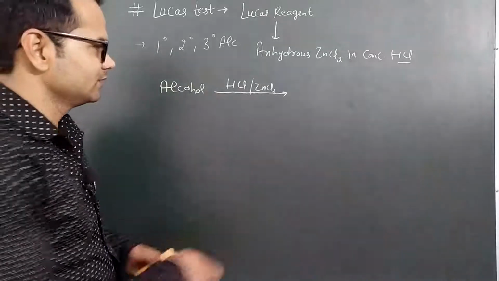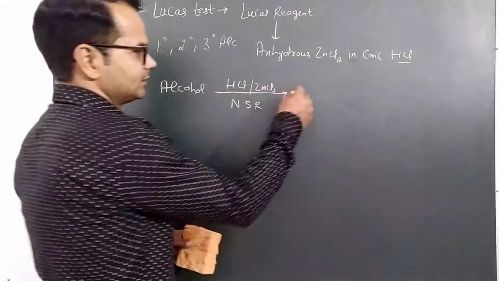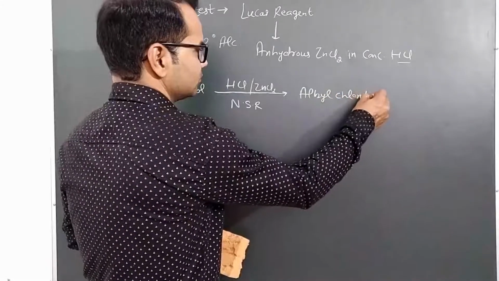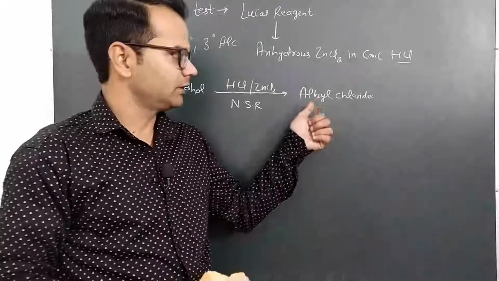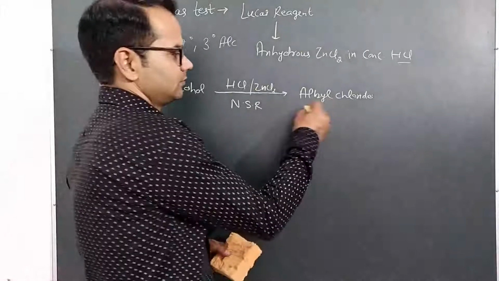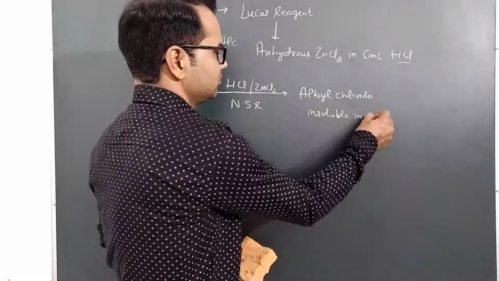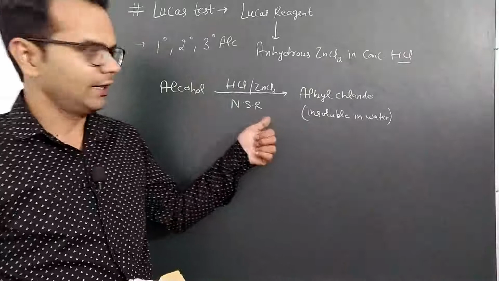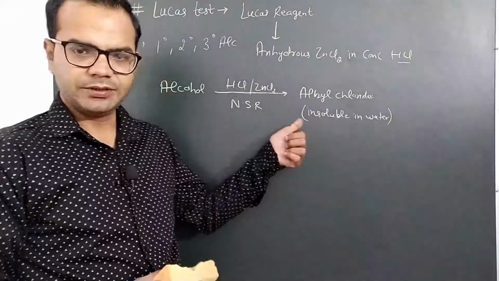Actually this reaction is a nucleophilic substitution reaction, and the end point of reaction is formation of alkyl chlorides, and the alkyl chlorides are insoluble in water, and hence there will be white cloud formation, or we can say turbidity appears.